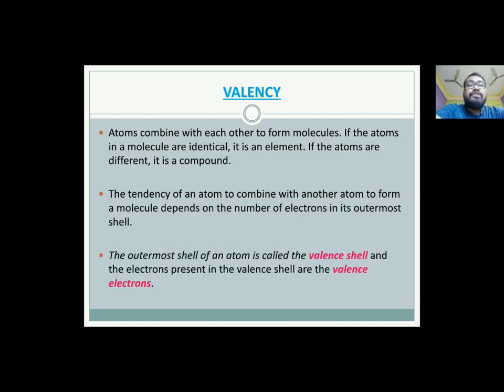The outermost shell of an atom is called the valence shell, and the electrons present in the valence shell are the valence electrons. For chlorine there are 7 electrons in the outermost shell, right? So the number of valence electrons for chlorine is 7.